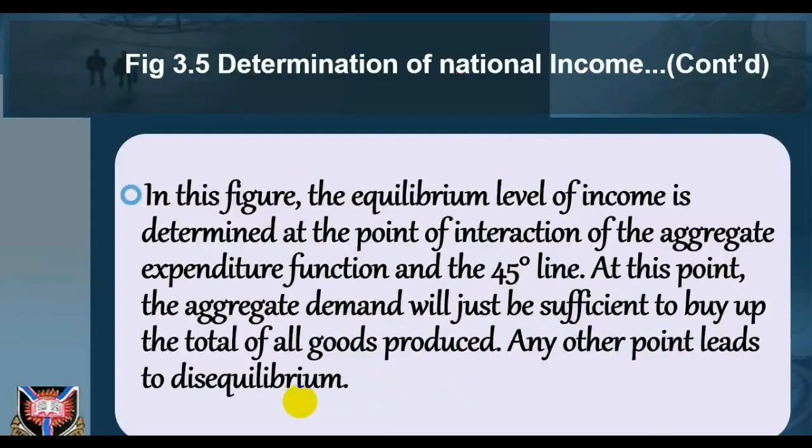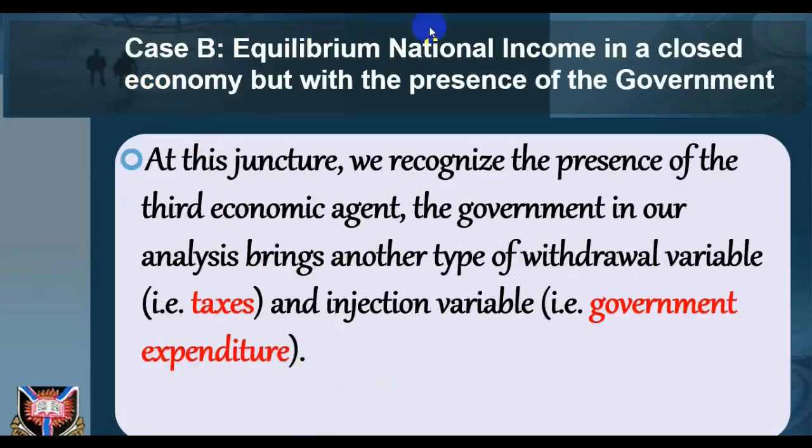Case 2. Equilibrium national income in a closed economy, but with the presence of government. At this junction, we recognize the presence of the third economic agent, the government, in our analysis. The introduction of government into the economy brings into our analysis another type of withdrawal variable, that is taxes, and an injection variable, that is government expenditure.